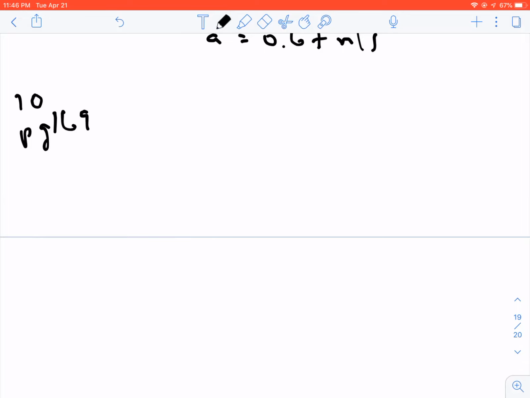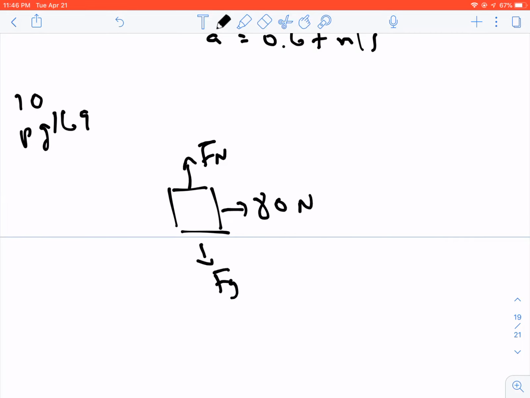Okay, so here's my crate sitting on the floor. Planet's pulling it down. The floor is pushing back up. The person is pushing left with 80 newtons. The person on the right is pushing to the left with 50 newtons.